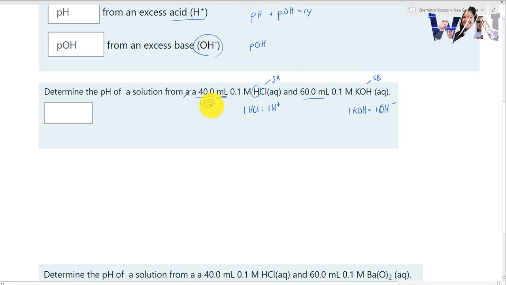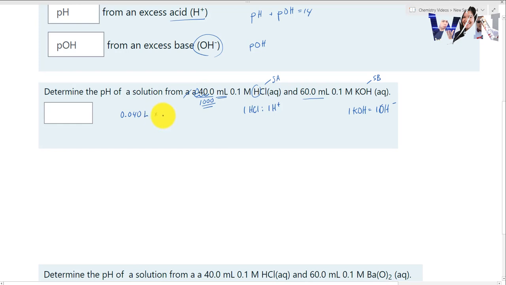That means we move 3 decimal places to the left, because we're trying to make a small number. So 40 milliliters in liters will be 0.040, and then we have a concentration.